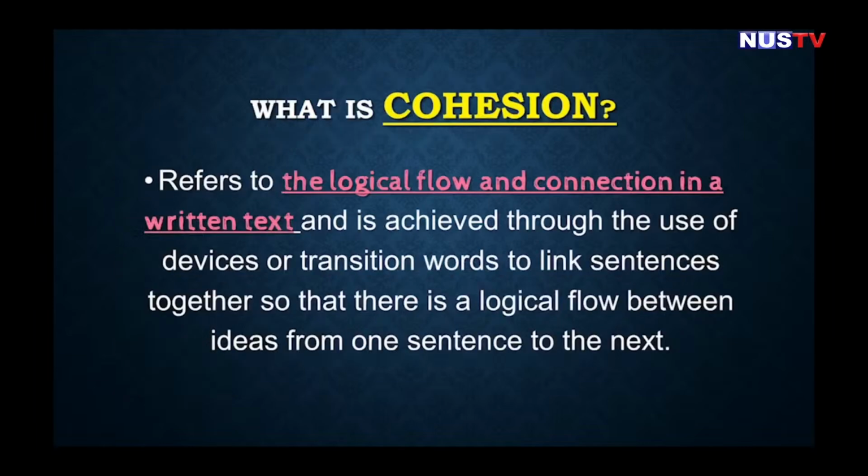Now, what is cohesion? Okay, when we talk about cohesion, it refers to the logical flow and connection in a written text and is achieved through the use of devices or transition words to link sentences together so that there is a logical flow between ideas from one sentence to the next.